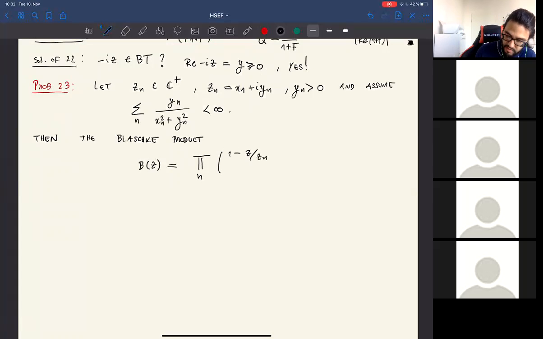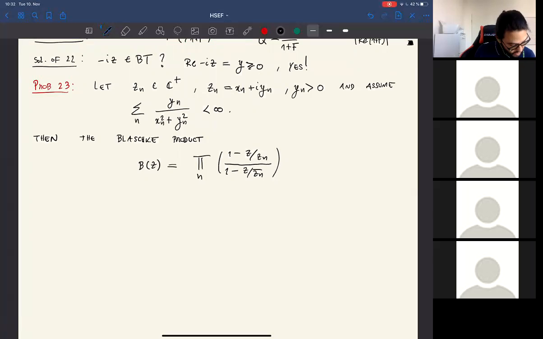So we'll put those zn as zeros of this function. And to make it converge, I will have to divide by this function. So this would have poles at zn bar, but I'm just looking at this function B as a function in the upper half plane. So therefore, I have no problems a priori there. But the product, I will show that the product will converge.